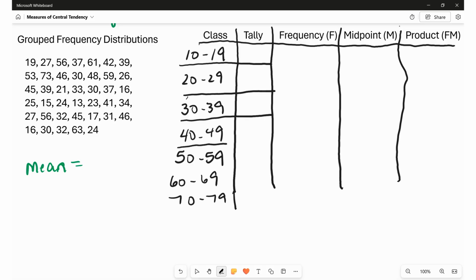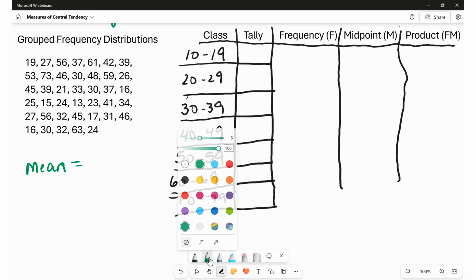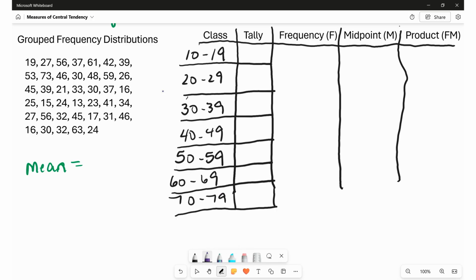And what we're going to start out by doing is we are going to see how many of these data points are in each one of these sections. So our first one, 19. Well, that's in our first group. That's in the group 10 to 19. Then we have 27.